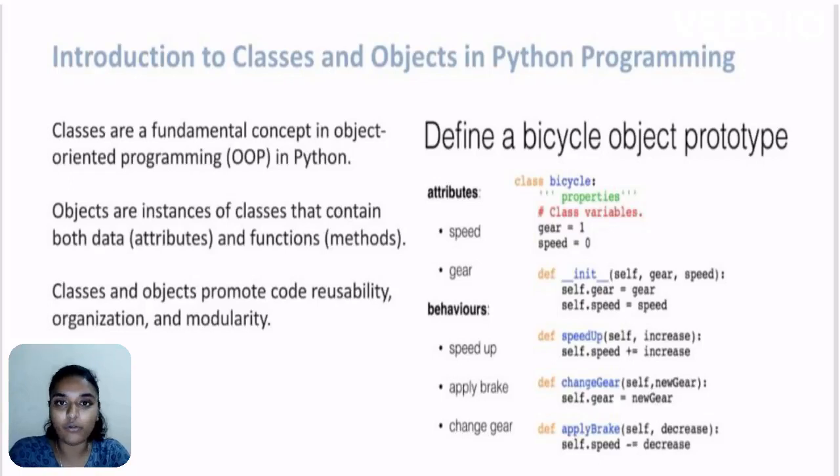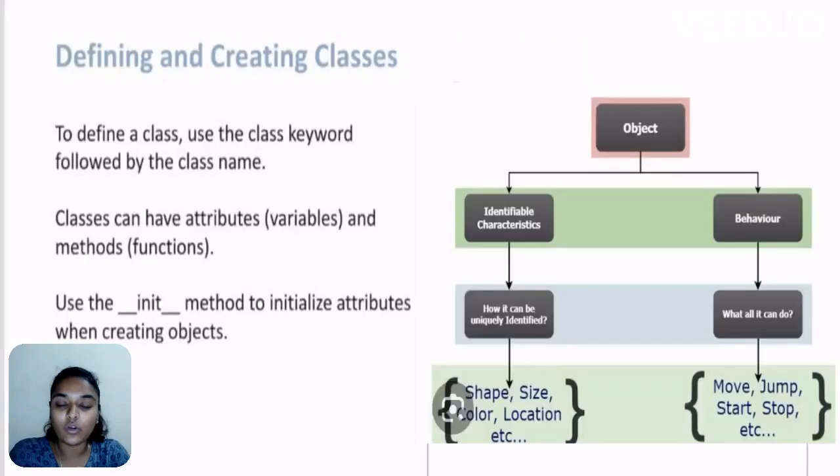Objects are instances of classes that contain both data, that is attributes, and functions, that is methods. Classes and objects promote code reusability, organization, and modularity.